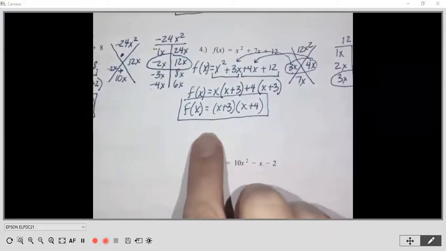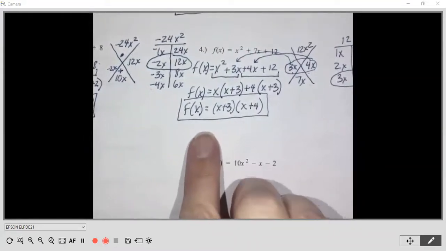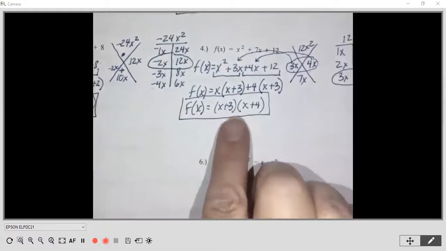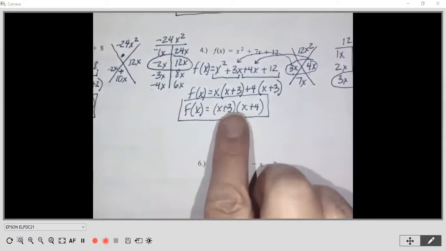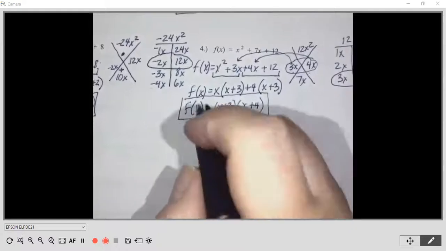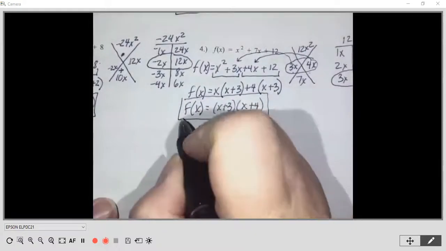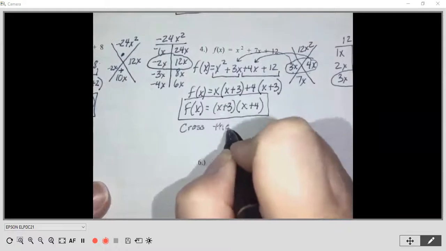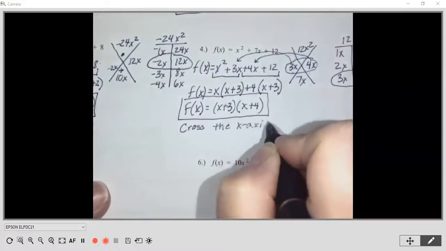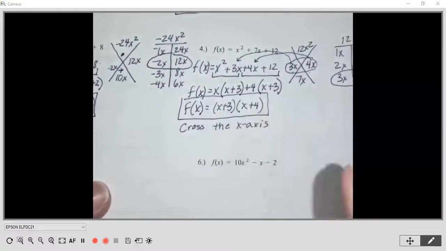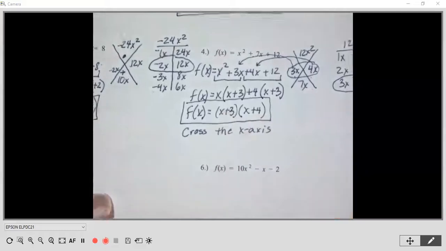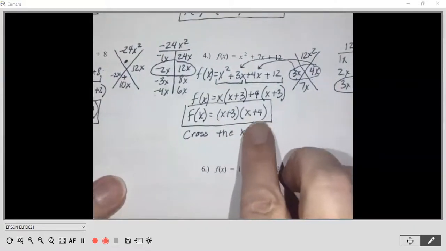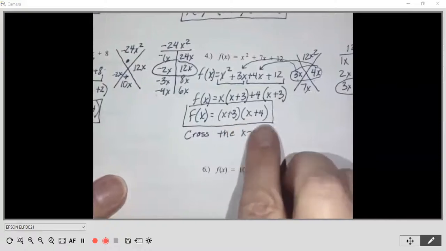If you're checking these as you go with Desmos, also awesome, by the way. But you'll start to notice that these are your zeros. This is where your parabola will cross the x-axis. So here, our parabola will cross the x-axis at negative 3 and negative 4, because when we set these equal to 0 and solve, remember we branched those off into the two different possible solutions using the zero product property.